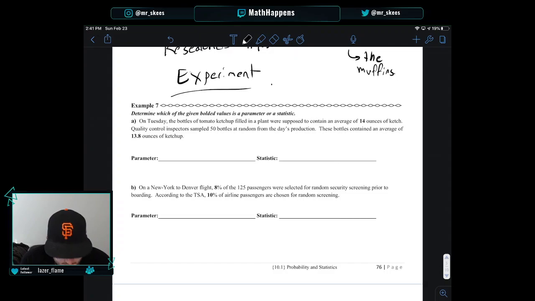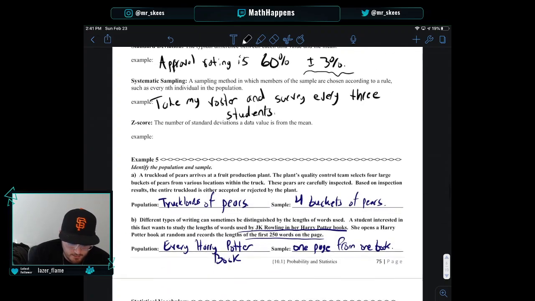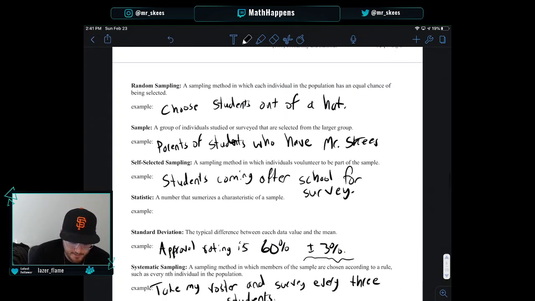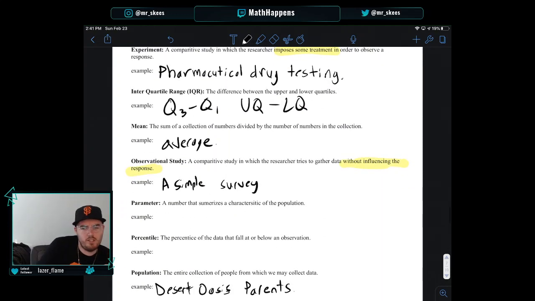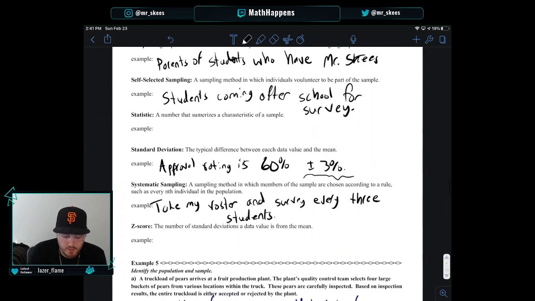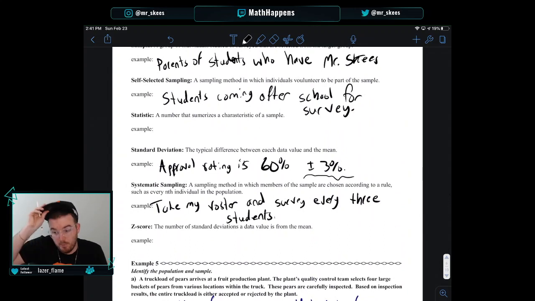Let's talk about parameter and statistic now. Sorry, I keep scrolling back and forth. There's a parameter and a statistic, sort of like there's population and sample. These are very similar. A parameter is a number that summarizes the population, versus a statistic, which is a number that summarizes the sample.